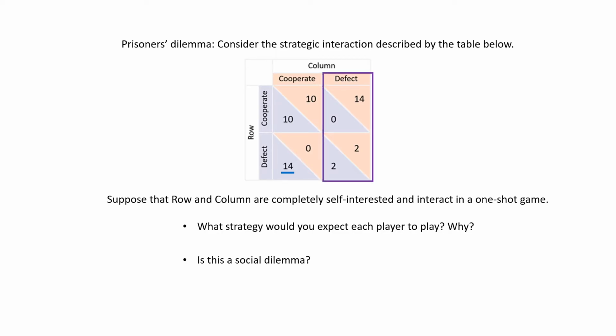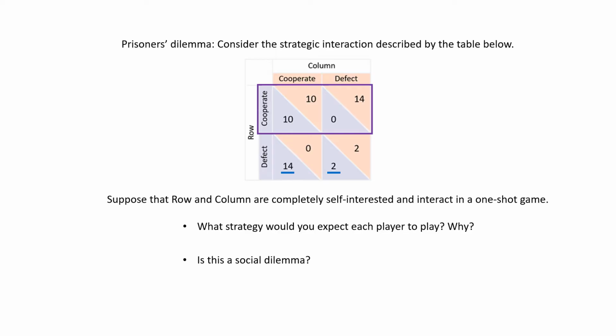Second, I look at what happens when column plays defect. How would row respond given that column plays the strategy defect? Again, row would respond by playing defect because the payoff would be 2, and 2 is greater than 0. Then I look at how column would respond given that row plays cooperate.